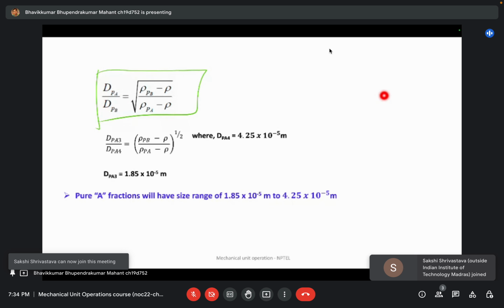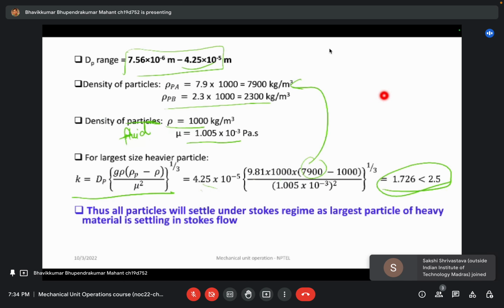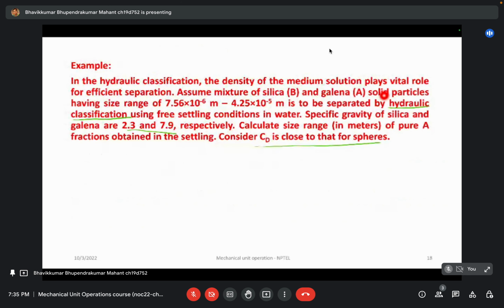As we discussed about the Stokes flow regime, I will again explain this example. Mostly this kind of basic example will be asked in exams and assignments. You have a size range of two solid particles and you are using some liquid to separate them by hydraulic classification. These words are very important to understand the type of problem.